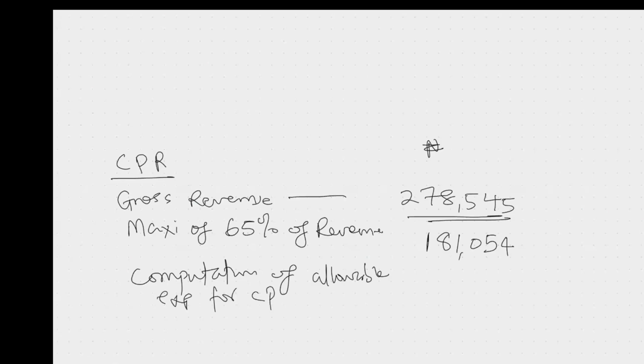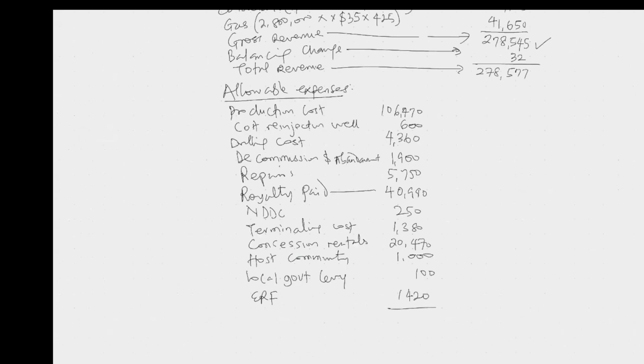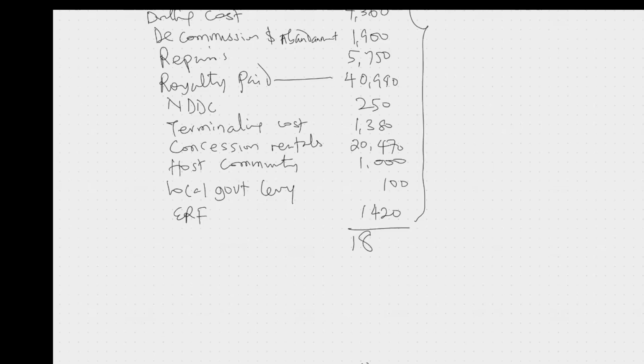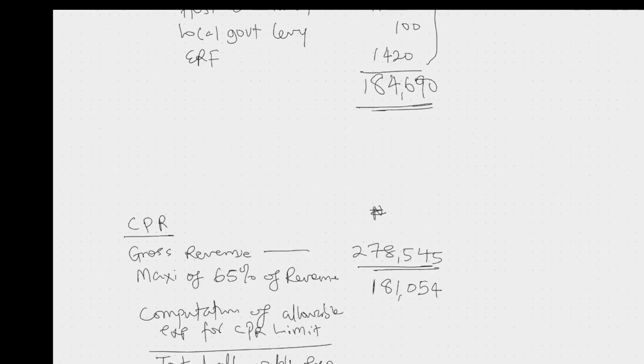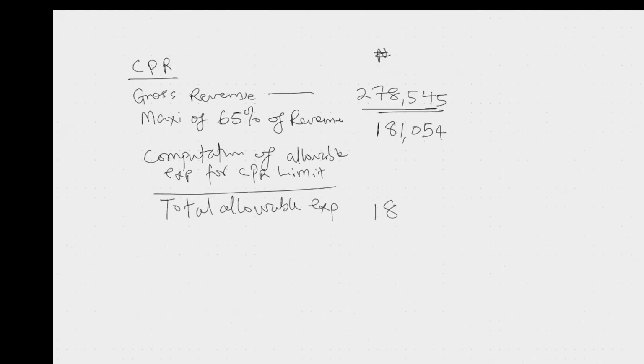What is your total allowable expenses? What is the total of this one? 184,690.